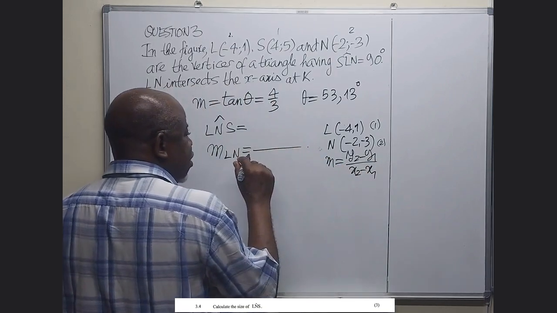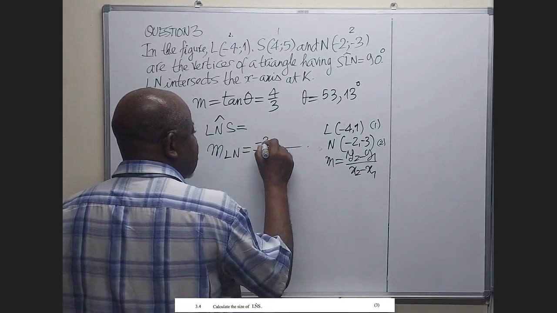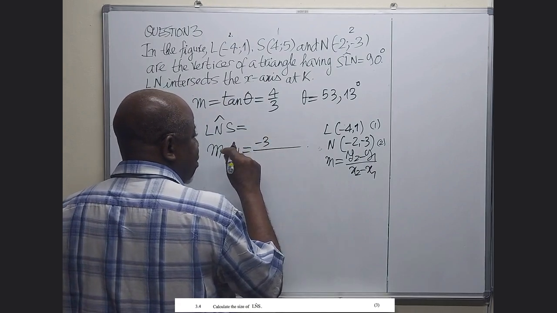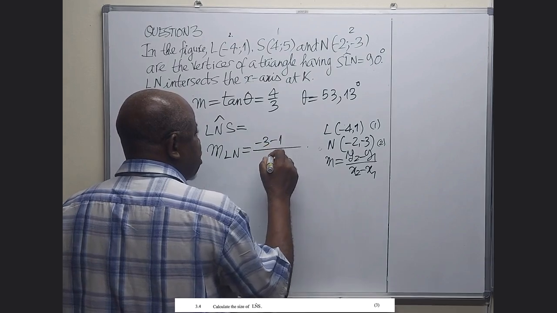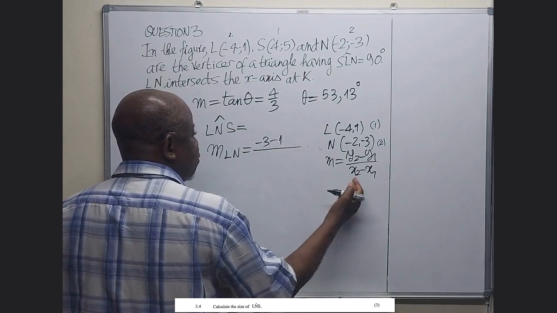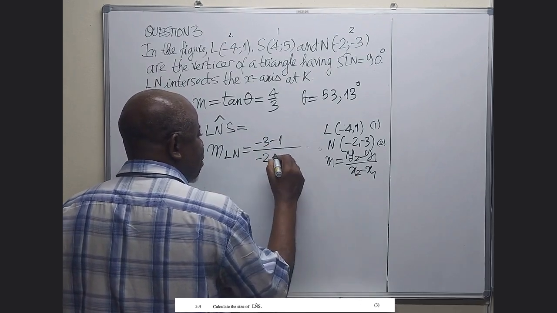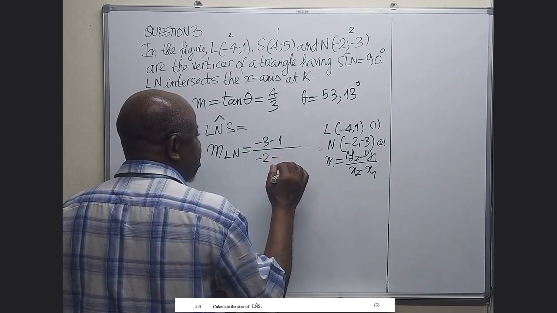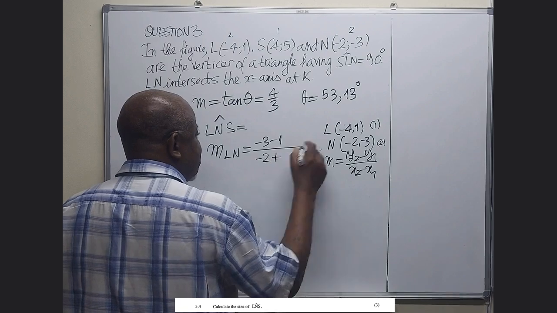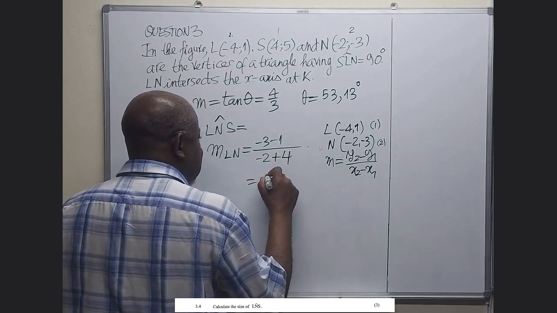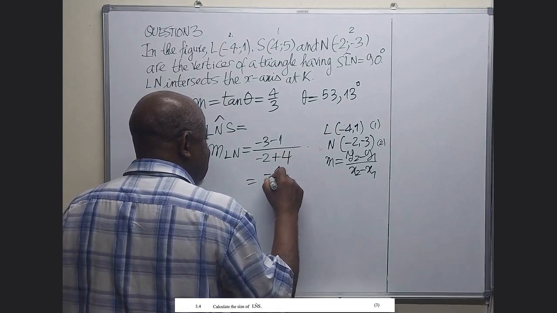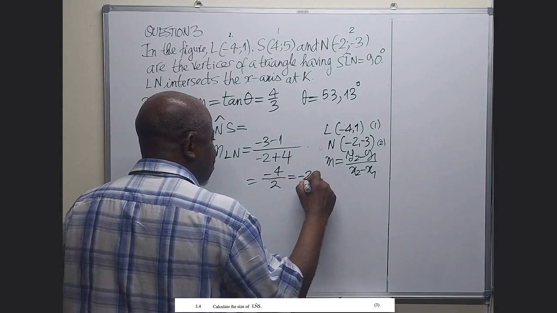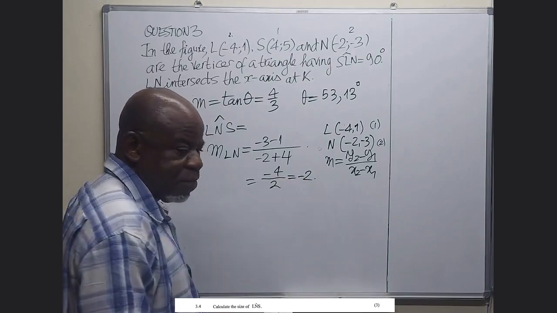So here we'll be having y2 is -3 minus y1, 1, and x2 is negative 2 minus x1, x1 is going to be plus 4 here, and we're going to get negative 4 over 2, so we'll get negative 2.